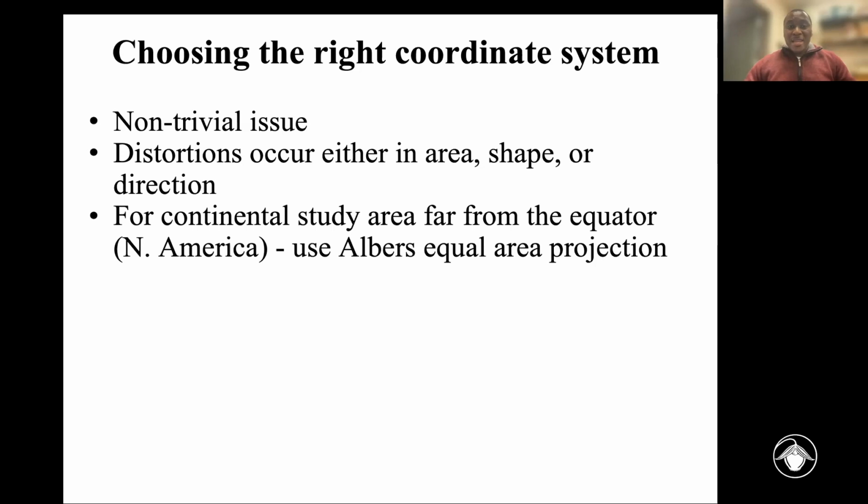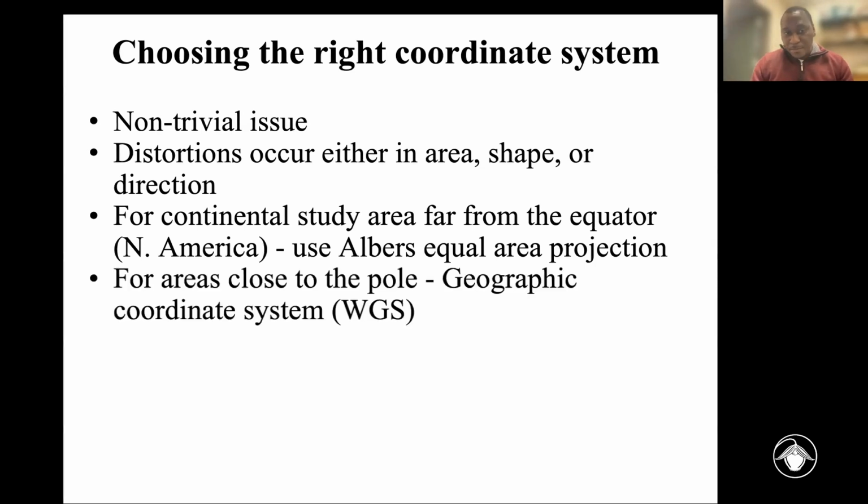If there's any distortion, it is equally distributed across the entire study area, such that it will not affect the measurements or the locations that you are using. Also, I've heard colleagues in the Scandinavian countries say, for example, if you are working in areas close to the poles, you should use the geographic coordinate system instead of the UTMs or other projections.